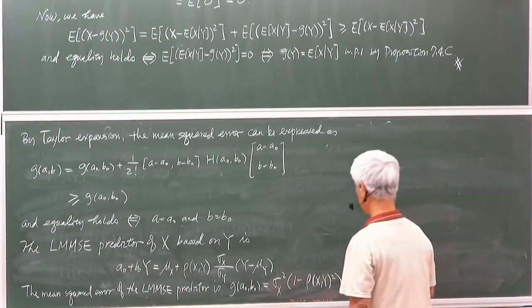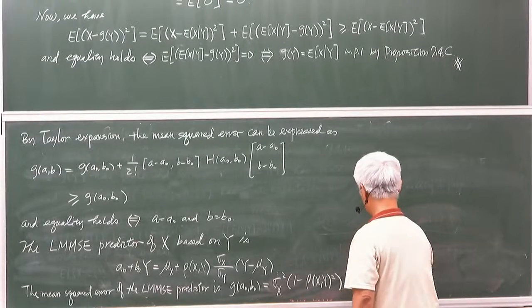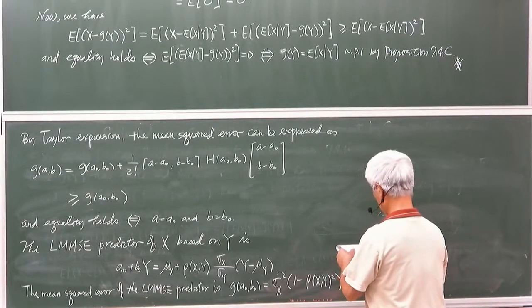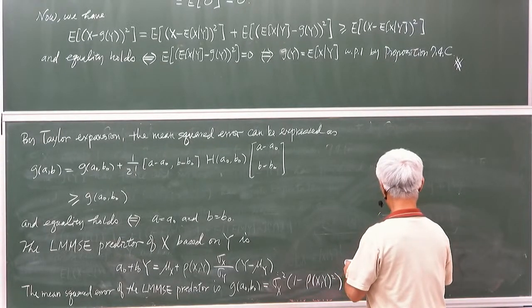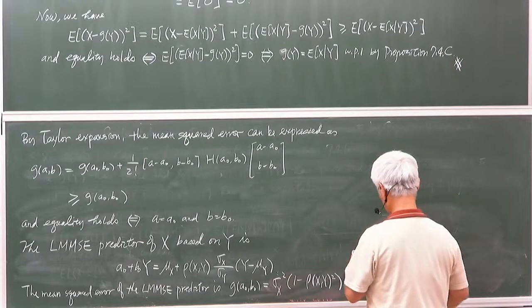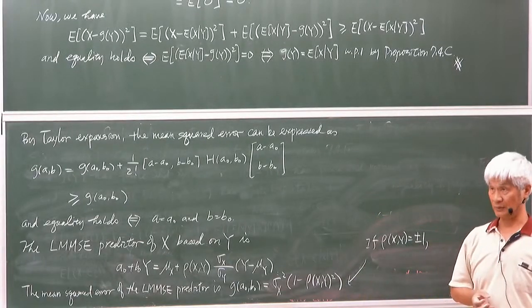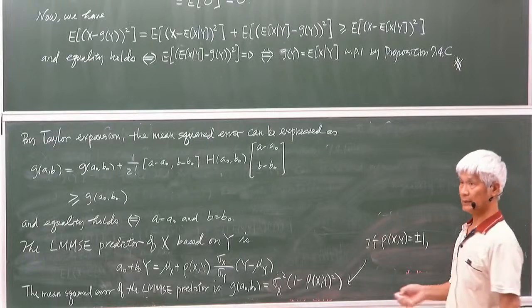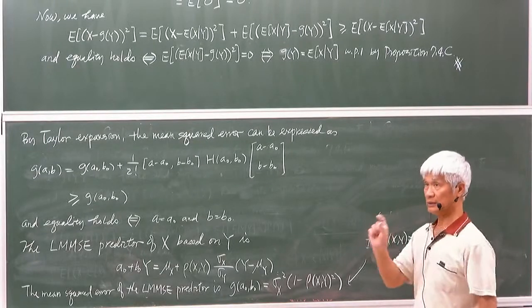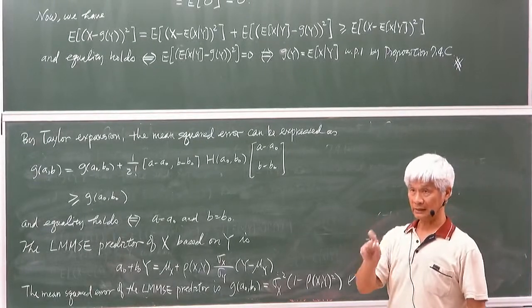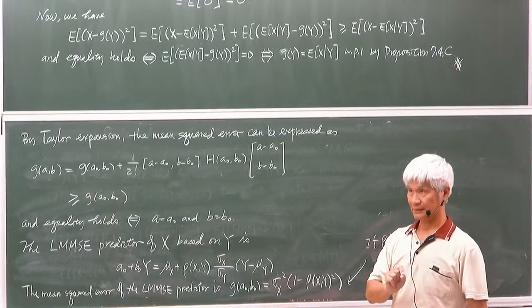Okay, and so you can see if the correlation coefficient is equal to plus 1 or minus 1, which means that x and y are linearly related with probability 1, this is true if and only if x and y are linearly related.